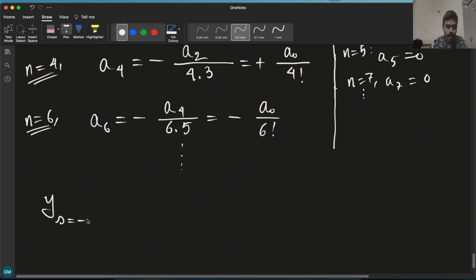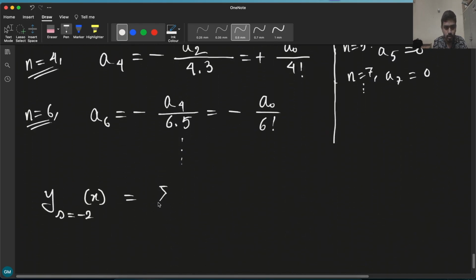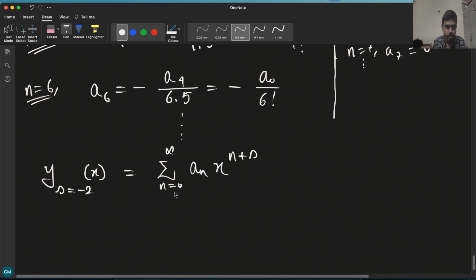So for s equals minus 2, the series will be the sum over n equals 0 to infinity of a_n x to the power n plus s. And s is minus 2, so it is n minus 2.